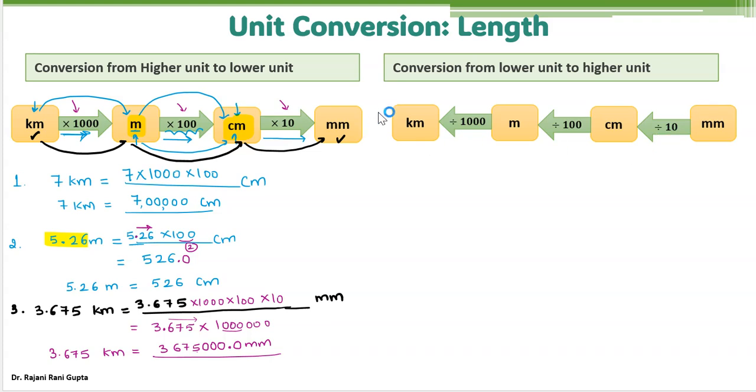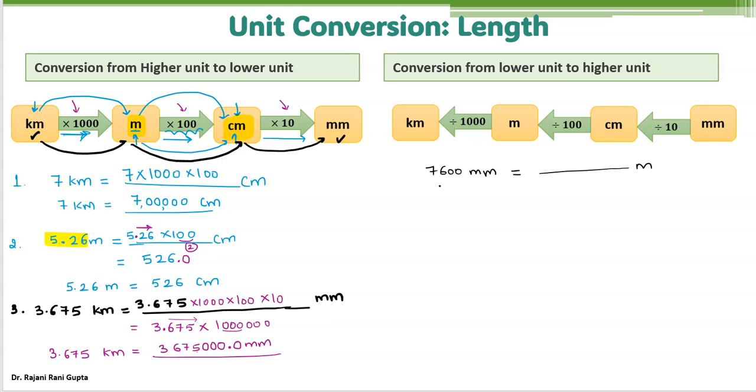Okay, now let's see some examples when we are converting from a higher unit to the lower unit and back to the higher unit. Like suppose you are given to convert 7600 millimeter is equivalent to how many meters? So in this case, when we are moving from higher unit to lower unit, we were multiplying by 1000, by 100 or 10.